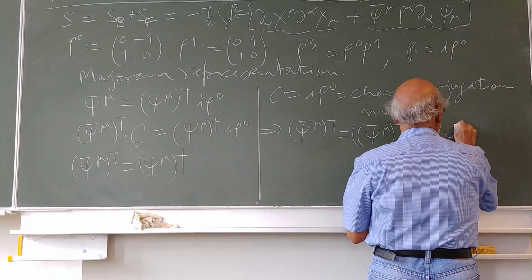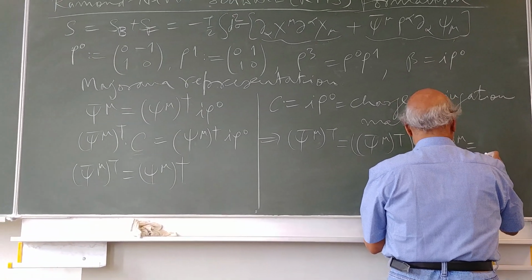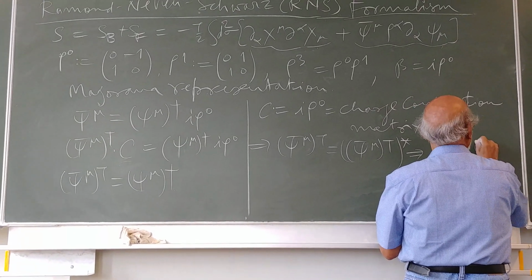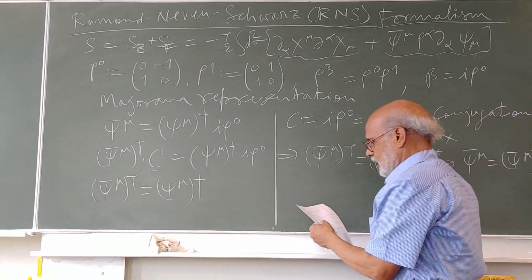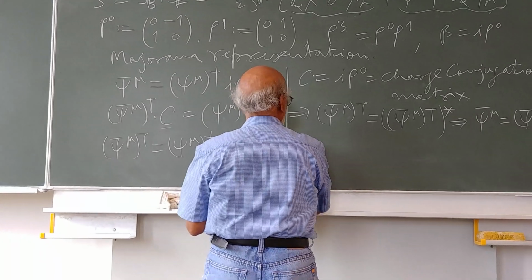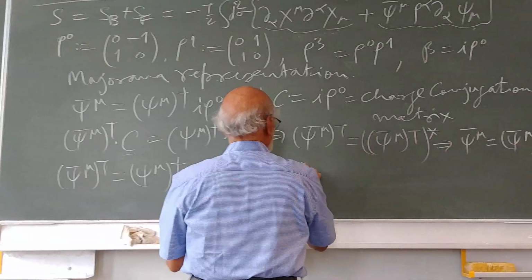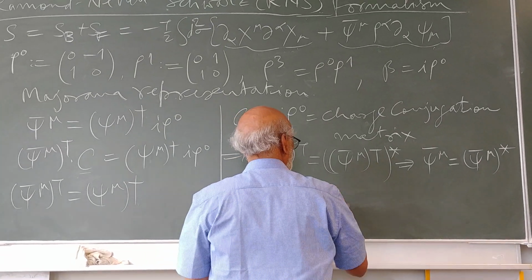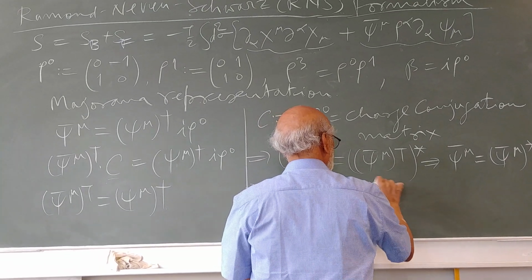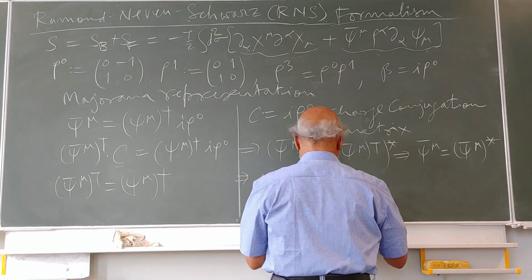So this tells you psi mu bar is psi mu star, and this tells you that psi mu plus minus is psi mu star plus minus.